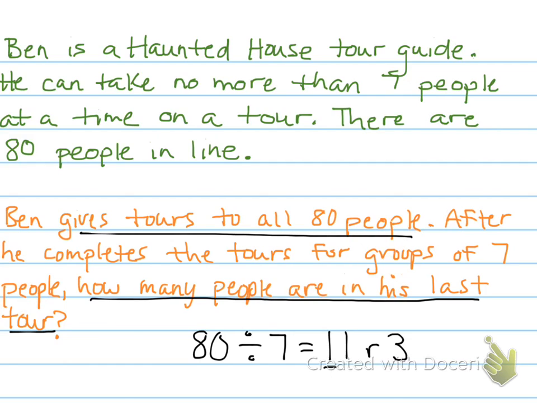That means he would give 11 tours of 7 people, and then 3 people would be left out or be given the last tour. So this question is, how many people are in his last tour? Well, these 3 friends. That would be how many people would be in his last tour. So this time, we use the remainder as really our answer.